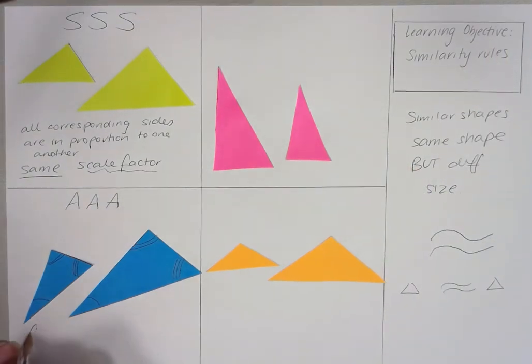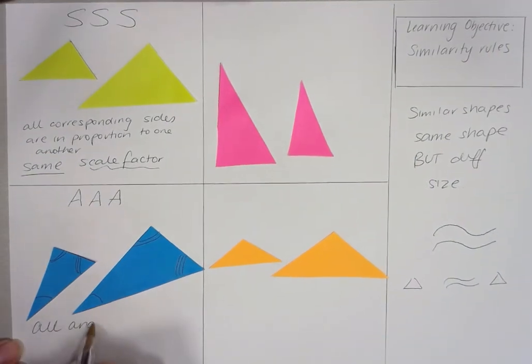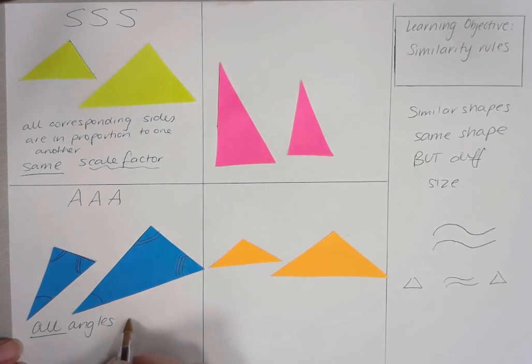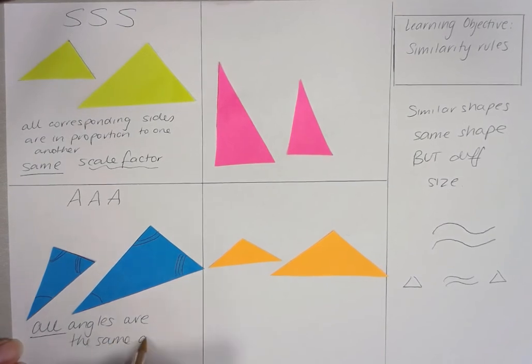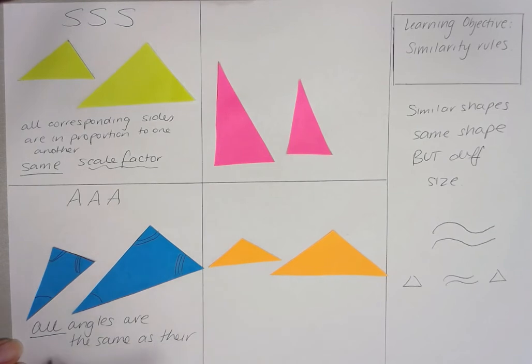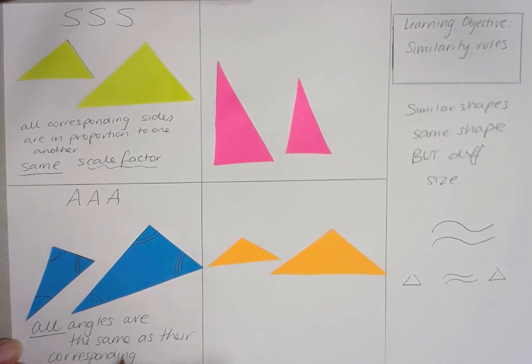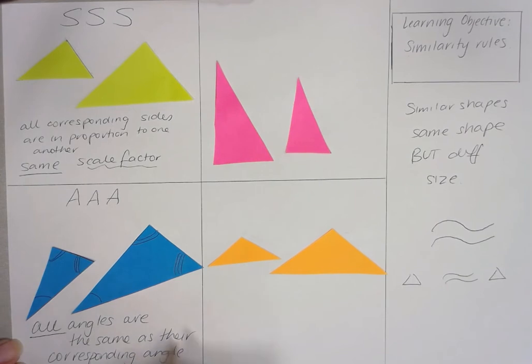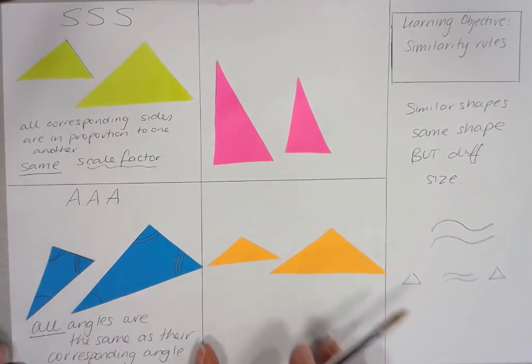So in this case, all angles, all of them, are the same as their corresponding angle. We're always talking about our corresponding side or angle in this case. It has to be that one it matches up with, just like in congruency.